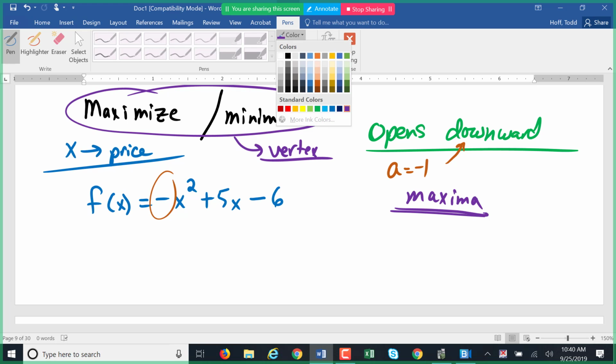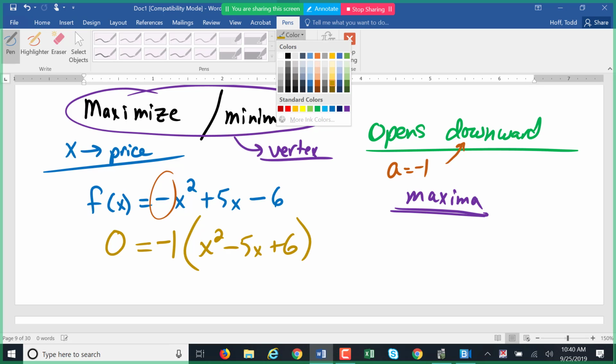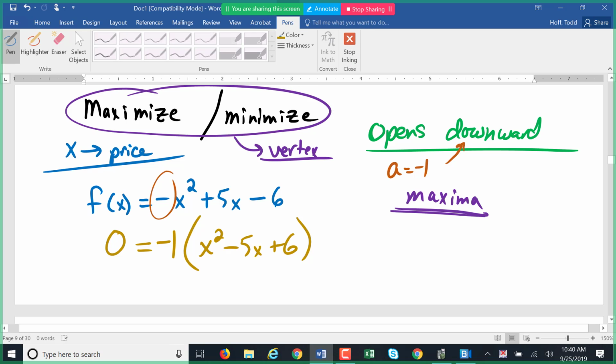So we can factor this. Set f of x equal to 0. We factor. I'm going to factor out the negative 1 first. Oops, I did that wrong. This should have been plus 6 here. Sorry, I wrote that down wrong.